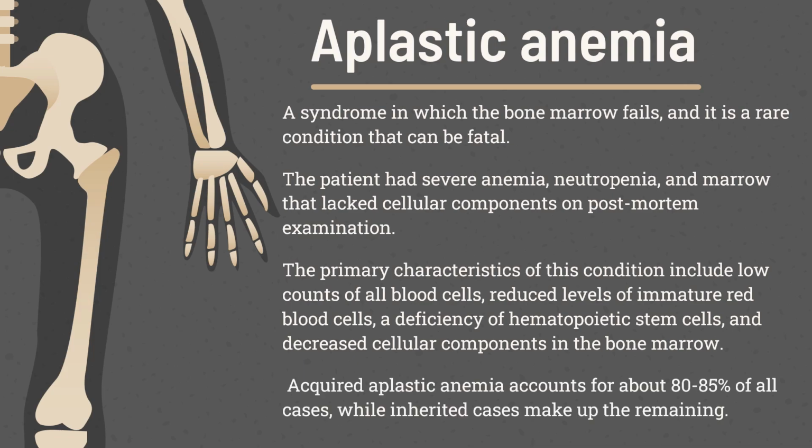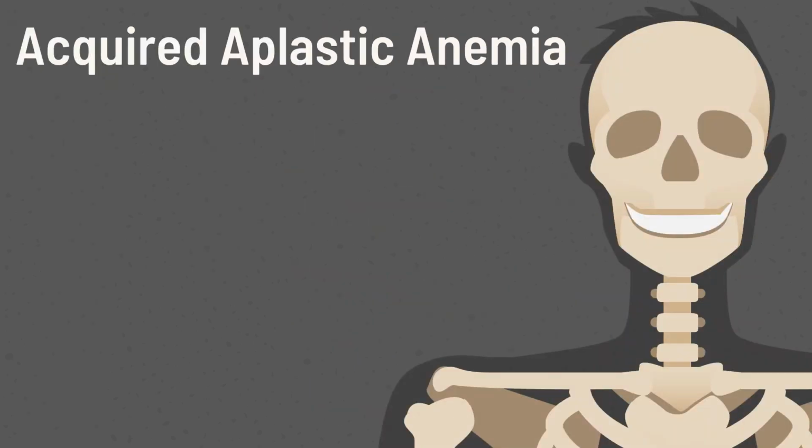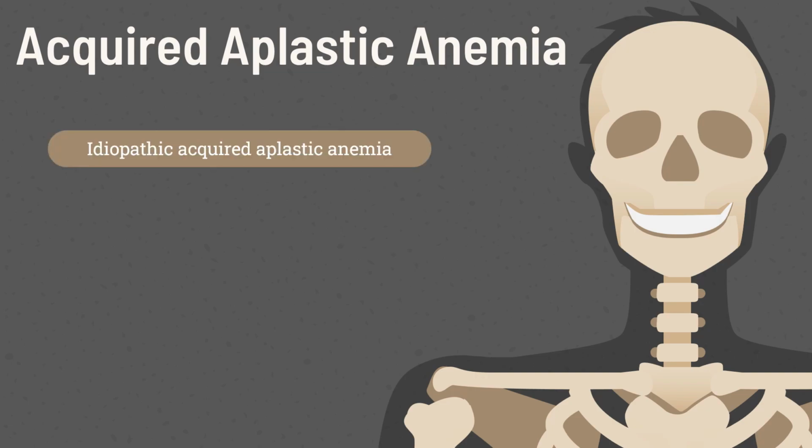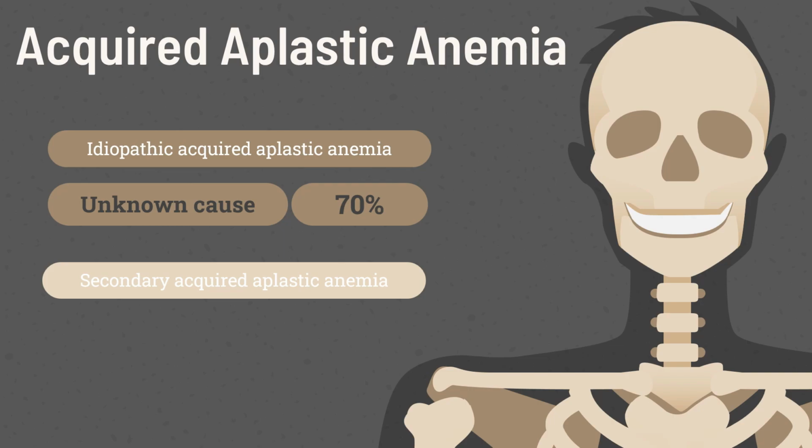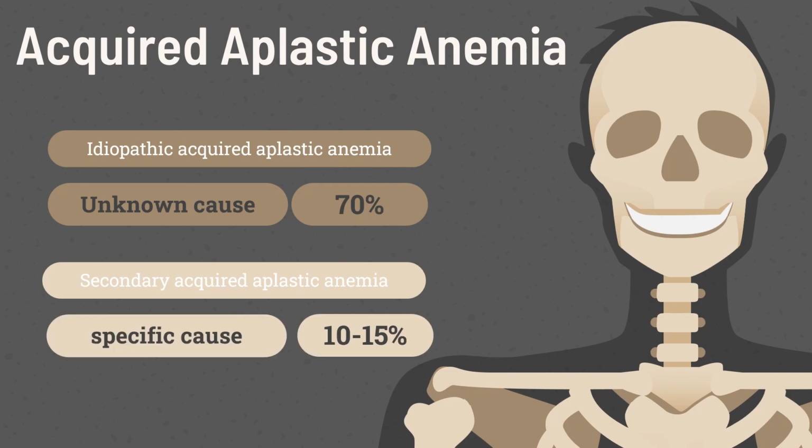Acquired aplastic anemia accounts for about 80 to 85% of all cases, while inherited cases make up the remaining. Acquired aplastic anemia can be classified into two major categories: idiopathic acquired aplastic anemia, which is not associated with any known cause and makes up 70% of all aplastic anemia cases, while secondary acquired aplastic anemia is linked to a specific cause and makes up 10 to 15%.